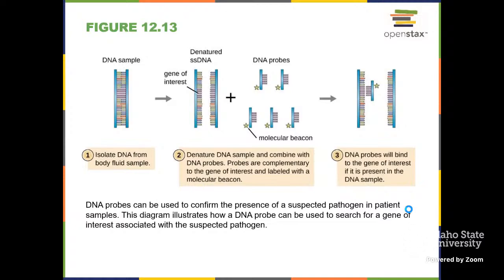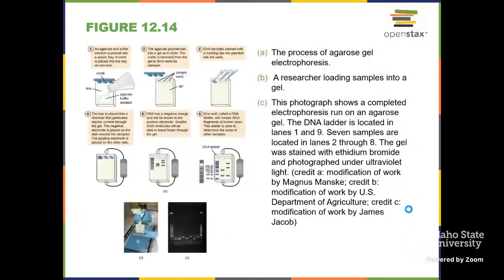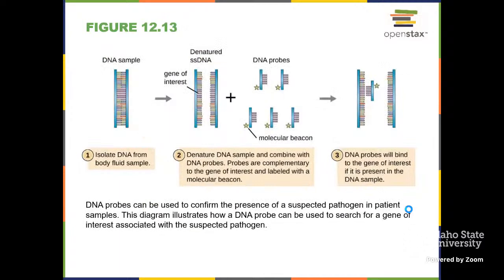So the molecular beacon, some sort of fluorescent tag, or some other sort of tag that gives us either a color or the emission of light, something that we could detect, that shows if they've bound, that we've got whatever it is we were looking for, right? That's the idea in that case with the sequencing, looking for specific suspects, all right?